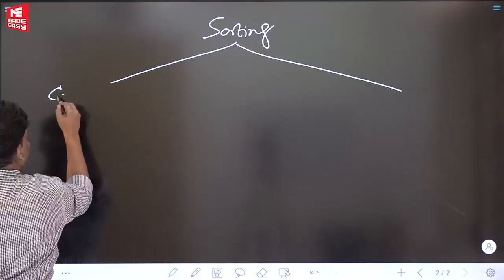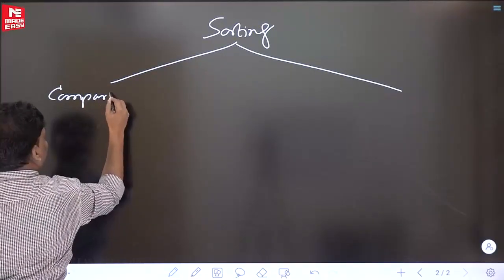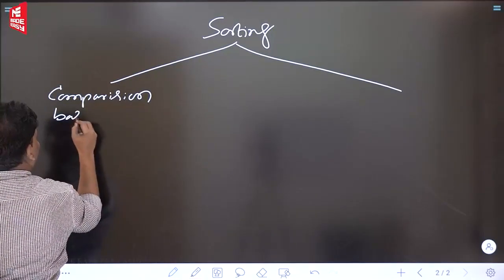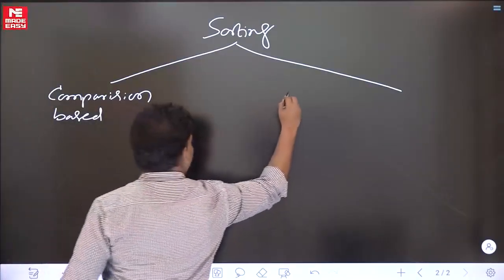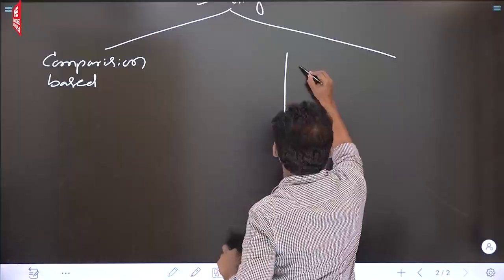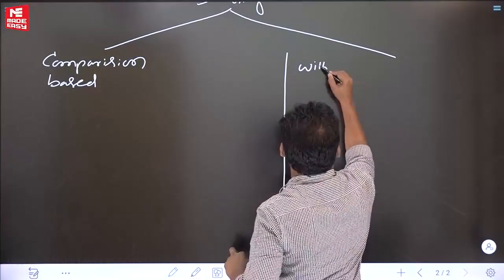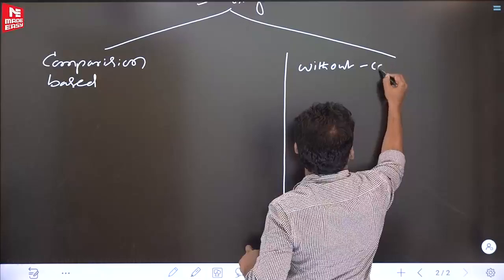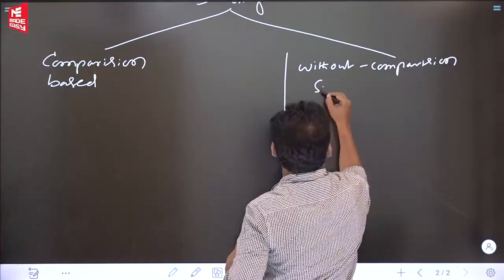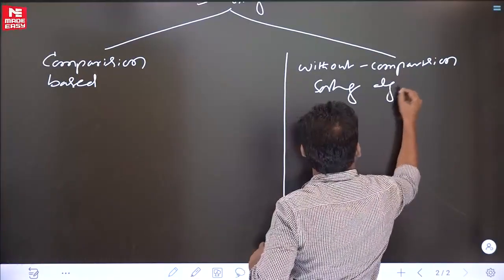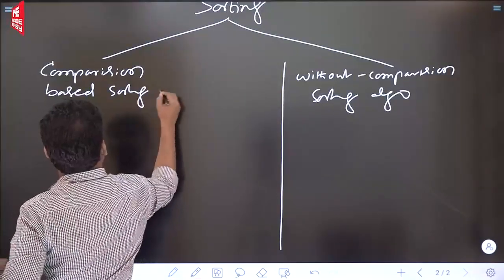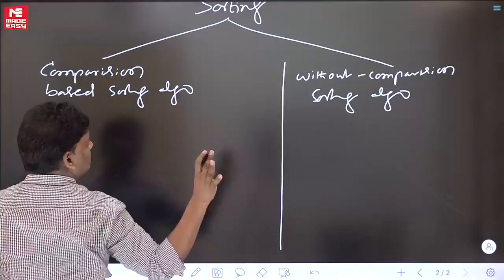One is comparison based sorting algorithm. Another one is without comparison sorting algorithm.